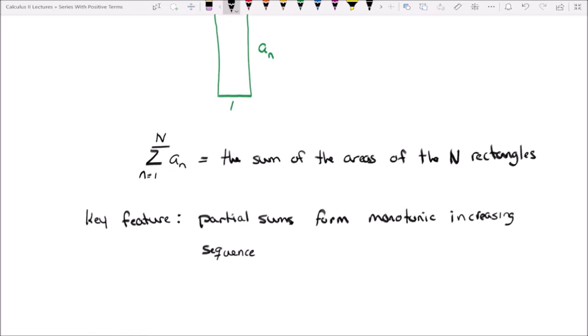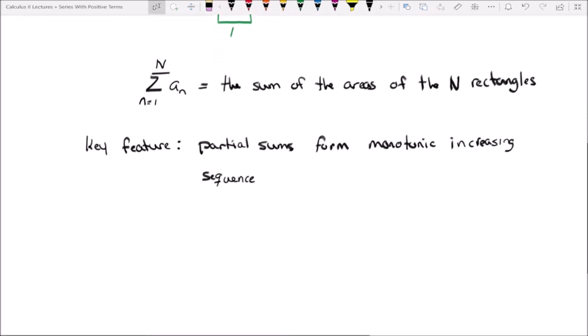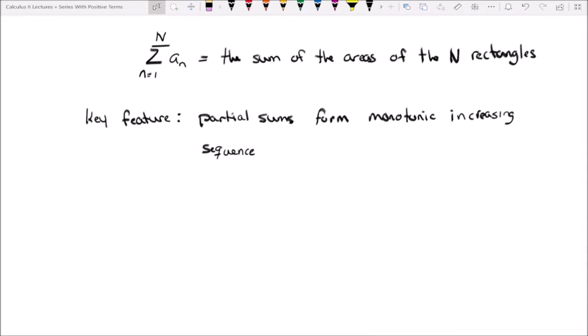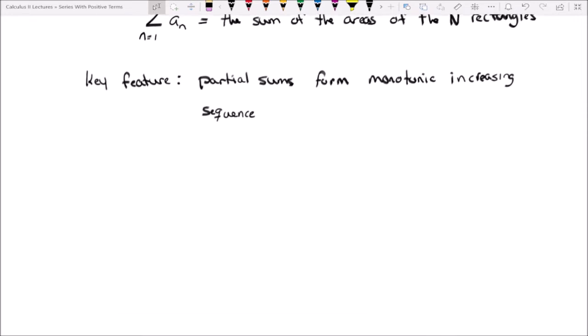All right, well, since it's a monotonic increasing sequence, there are only two possibilities. It's either bounded or unbounded, right? So that comes from our study of sequences, and that is given here.